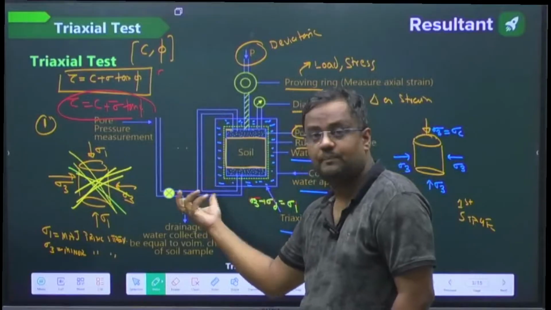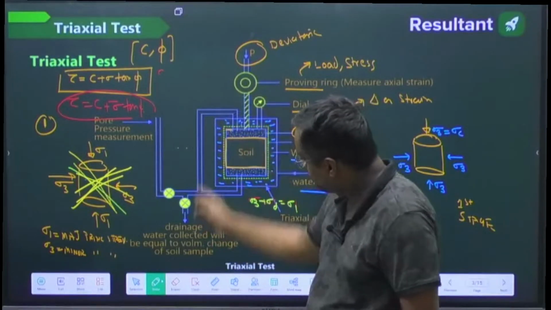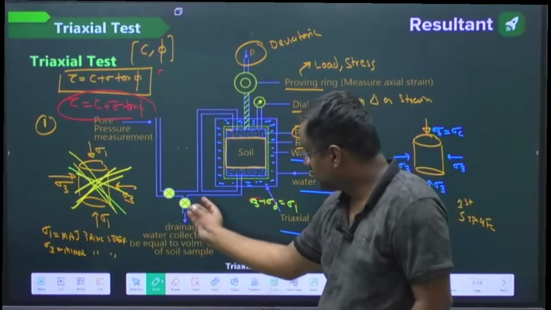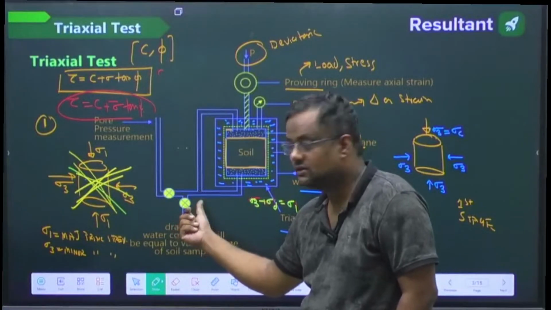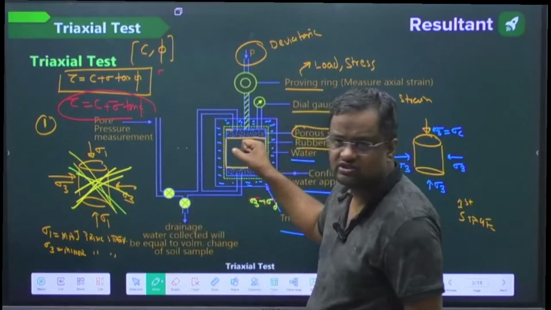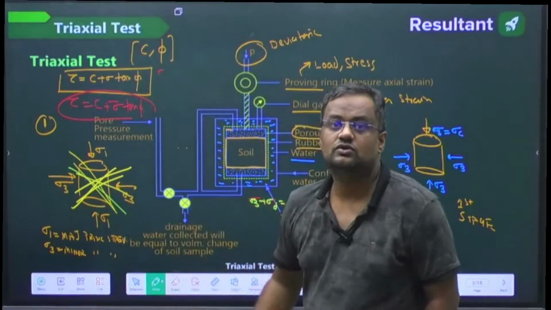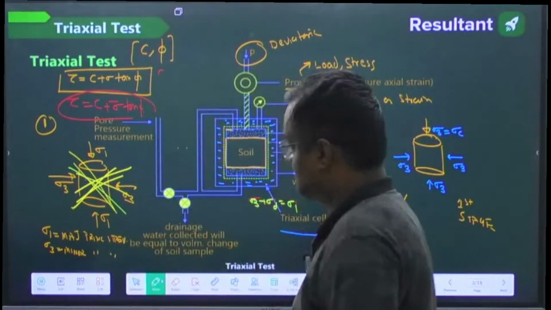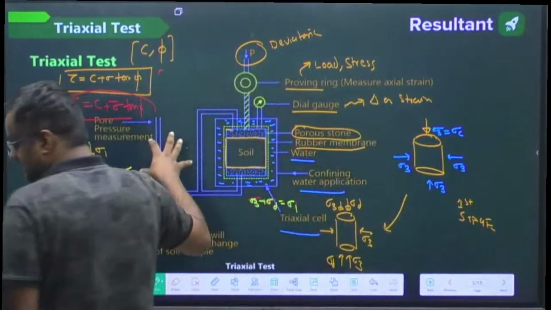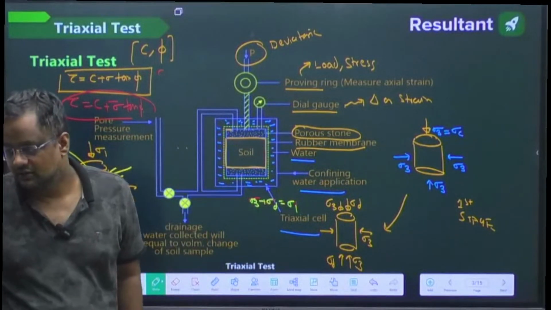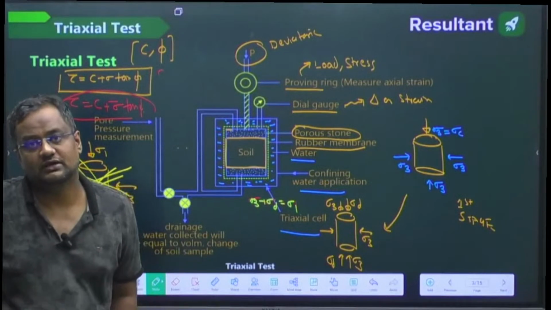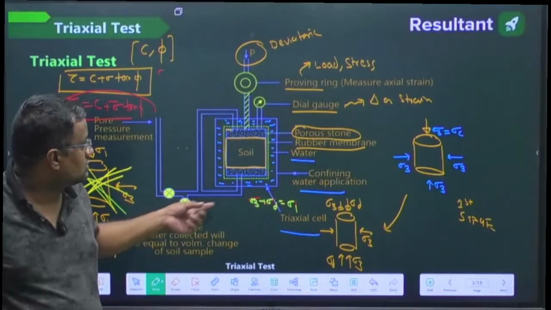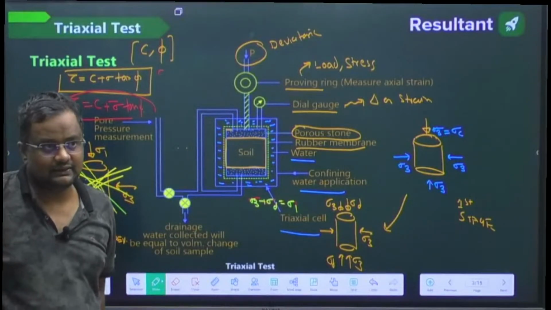Suppose the valve is closed: whatever stress we apply, we do not allow the water to move out, so we are doing the unconsolidated test. For the same soil we can do consolidated and unconsolidated tests. If the valve is open, water will go out; if closed, water will not go out. Agree?